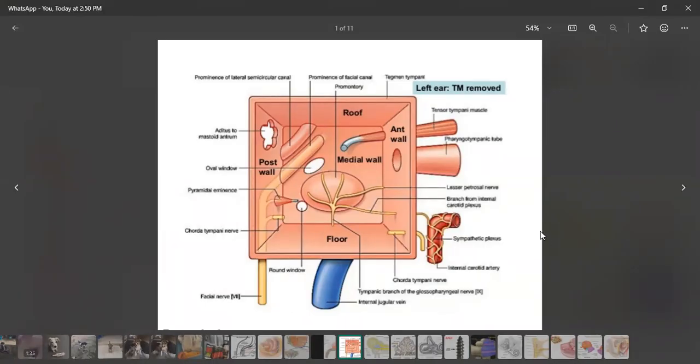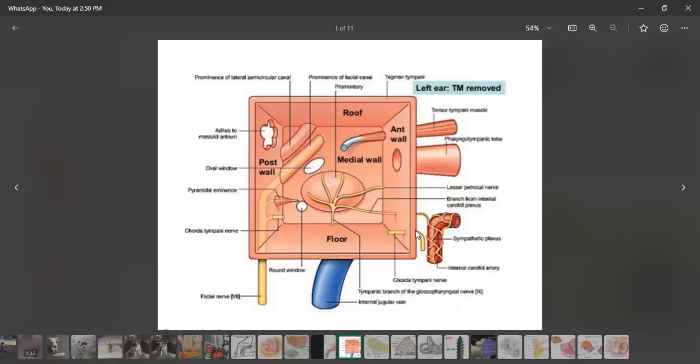Also, in this lower part, you can see branches with sympathetic nerves from the internal carotid artery. Those will pierce this anterior wall, and the chorda tympani will leave the middle ear through this anterior wall.